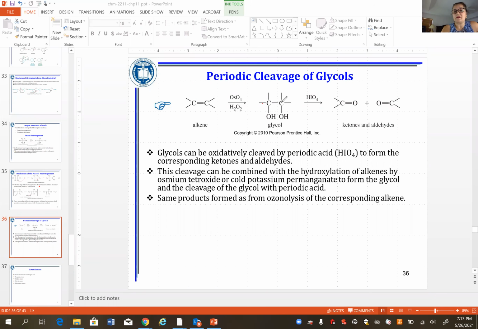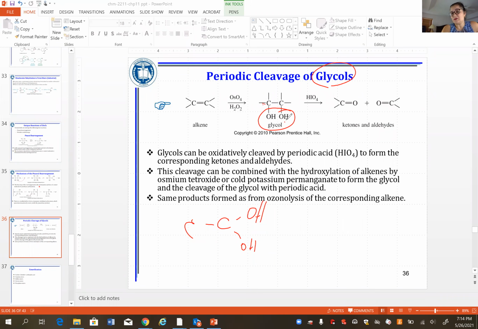The diols where the OH groups are on adjacent carbons are known as glycols. You could have a geminal diol if you have two OH on the same carbon. Not very stable, but it does exist. But when you have a vicinal diol, this functional group is known as a glycol.